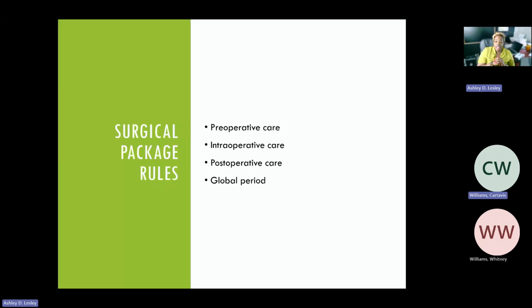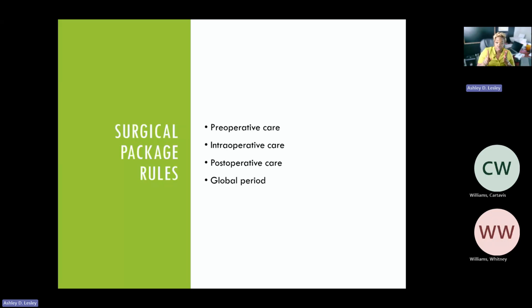So with that, you also have your global period. So the global period is the amount of time that if something happens related to this surgery that you had, it will still be covered in the surgical package.